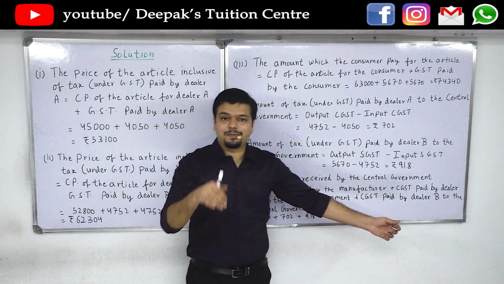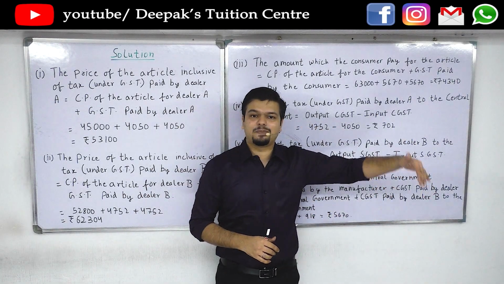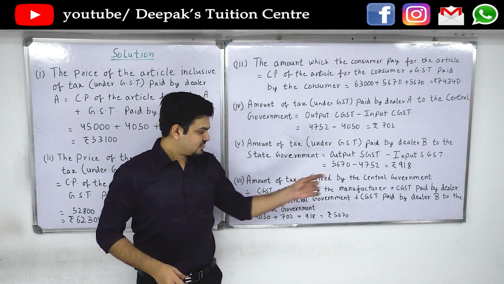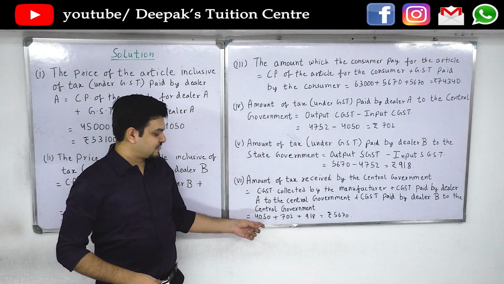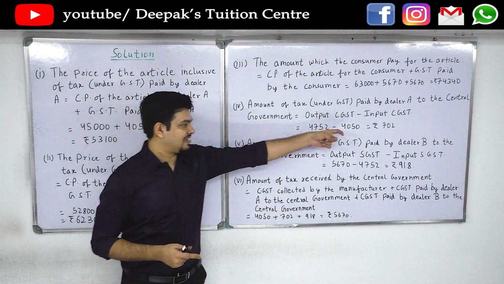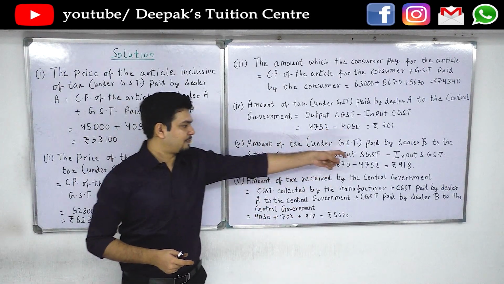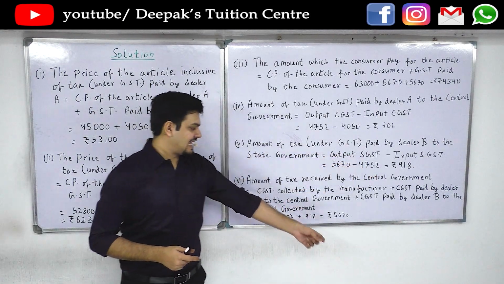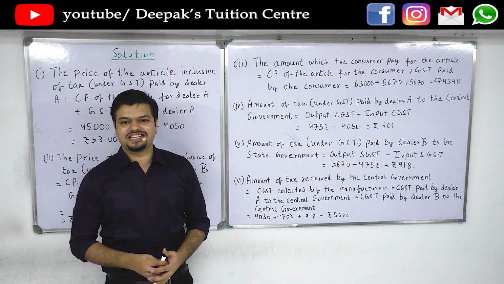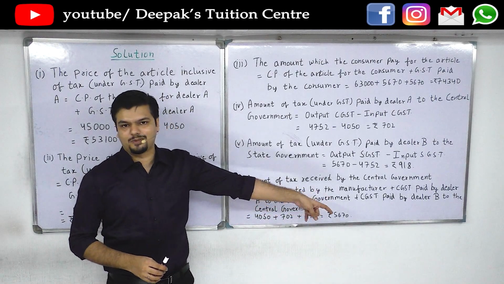Then CGST paid by dealer A to the central government. Then CGST paid by dealer B to the central government. So the tax collected by manufacturer was rupees 4050. Dealer A paid to the central government rupees 702. And dealer B paid to the central government rupees 918. So therefore, the total tax will be 5670. That was exactly equal to the amount that the consumer paid.